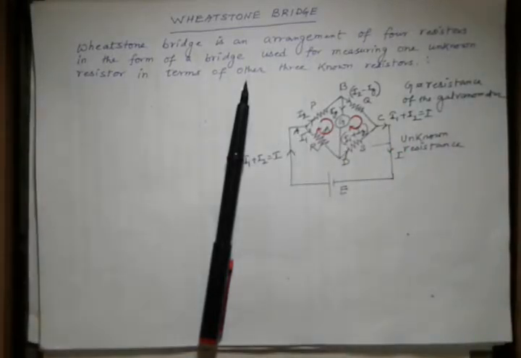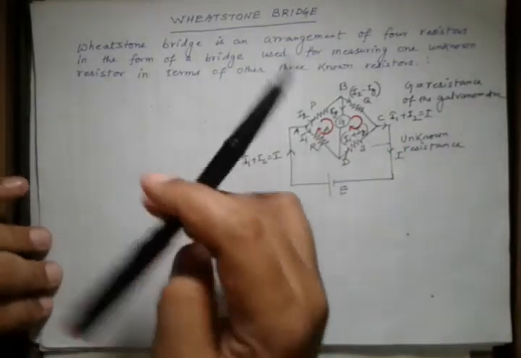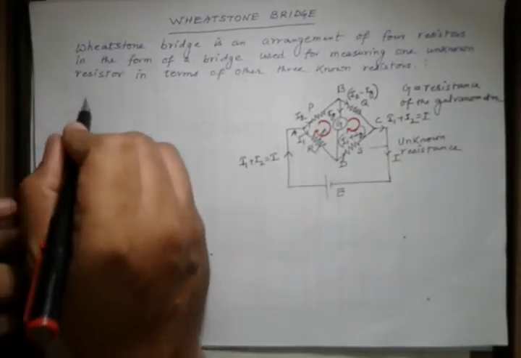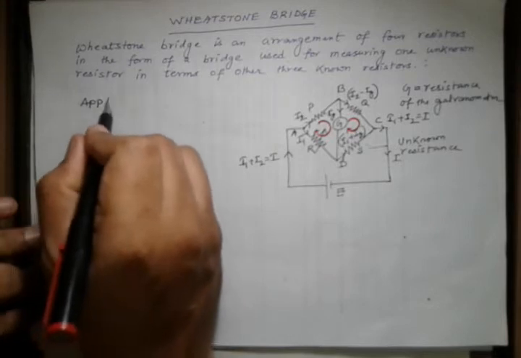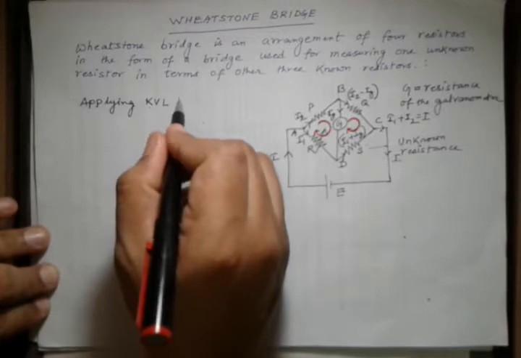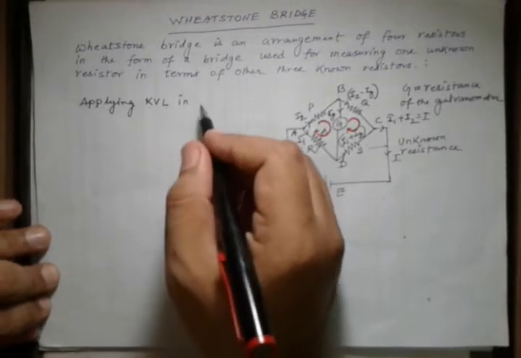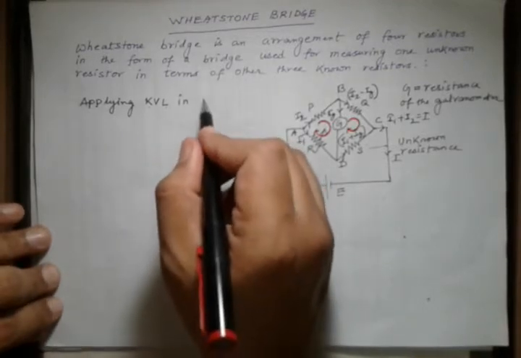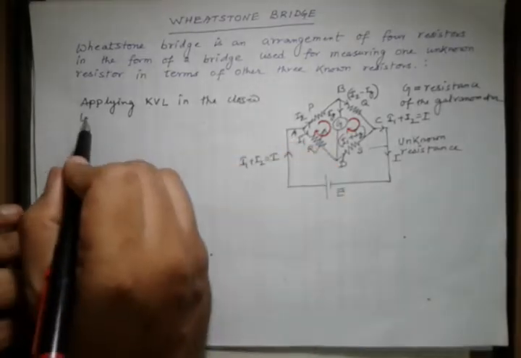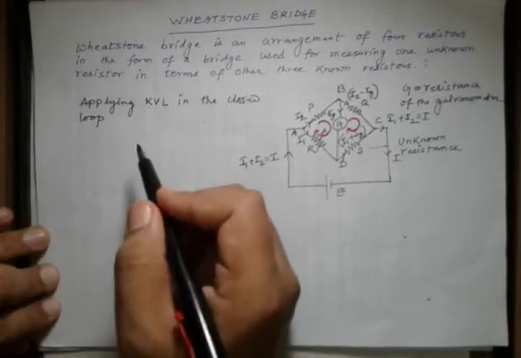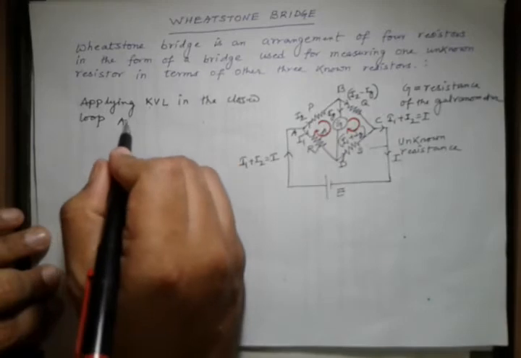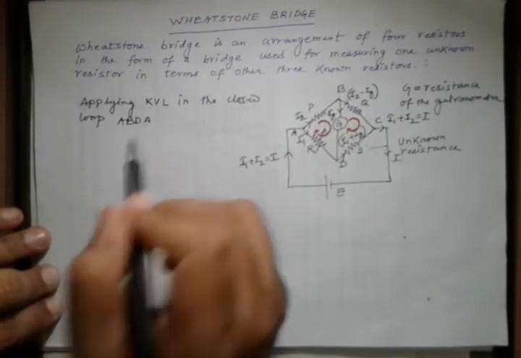So first we'll apply KVL in the closed loop. What is the name of the loop? ABDA. See, ABDA. It's a loop.